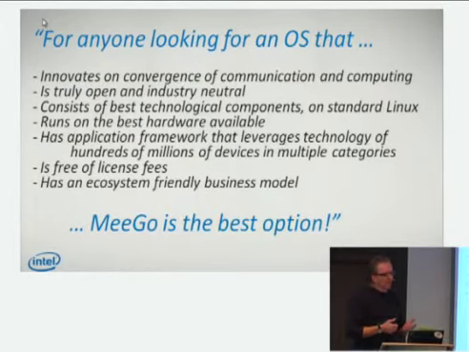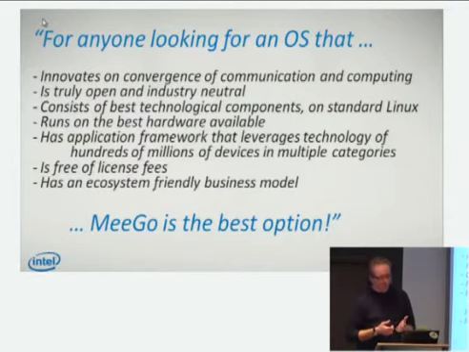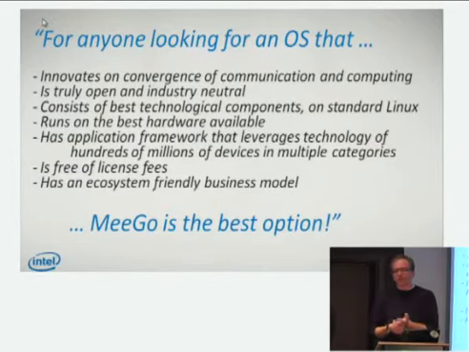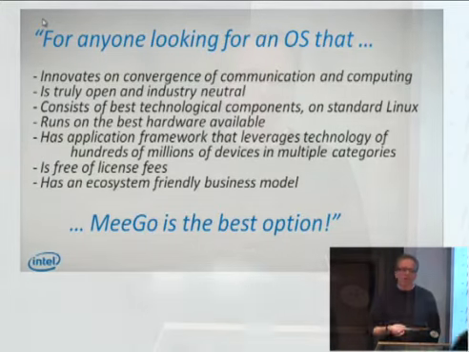The MeeGo ecosystem is free of license fees. It's of course not license free. It's free of license fees, so there are no royalties involved. There are no patent grants involved that you need. Anybody can use this and build products and applications for it. But at the same time, it needs to be very business friendly.